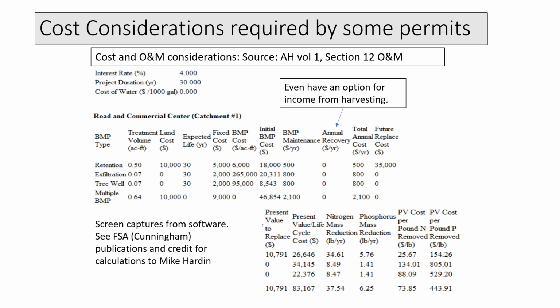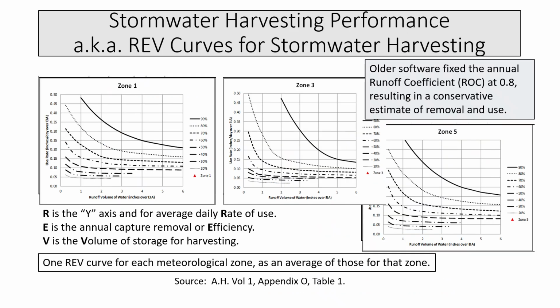This software helps assess construction costs, annual operating costs, the present value of an investment, and even the cost per pound of total nitrogen or total phosphorus removed. Interestingly, it also includes an option to account for potential income generated from harvesting certain resources, which can offset some of the overall costs.